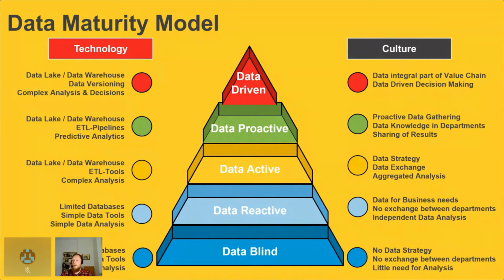Cultural-wise, this level of data active is characterized by having a data strategy. So now you basically open up your eyes to the world of data and you start thinking about the ways you can utilize the data, how you can organize it, how you can extract the value out of it apart from your immediate business needs. This also leads to the point that you start thinking about exchanging data between different departments.